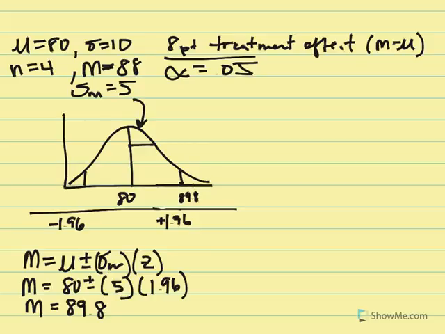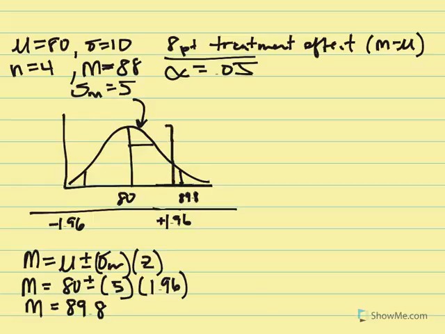So the next step is to overlap the treated population distribution and see where this 89.8 resides in relation to the treated population. So the treated population mean is equal to 88. So let's look on our x-axis and see where that would reside. And we just identify the sample mean of 89.8, so it would be right about here.